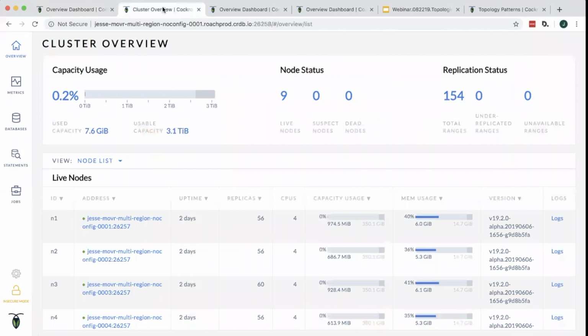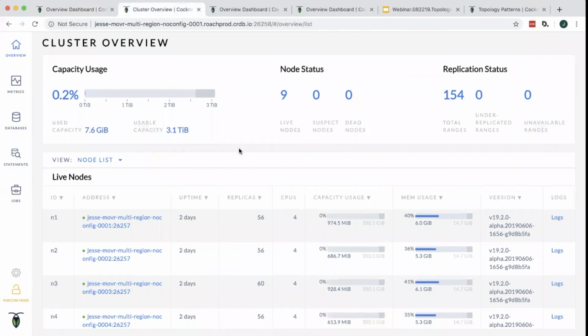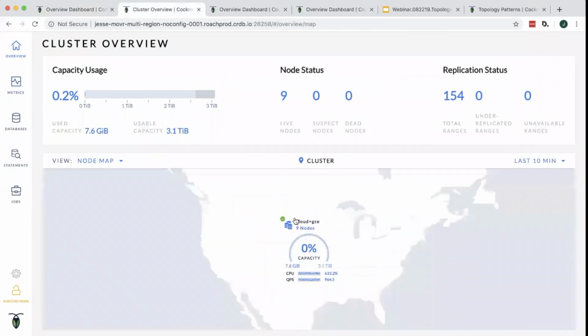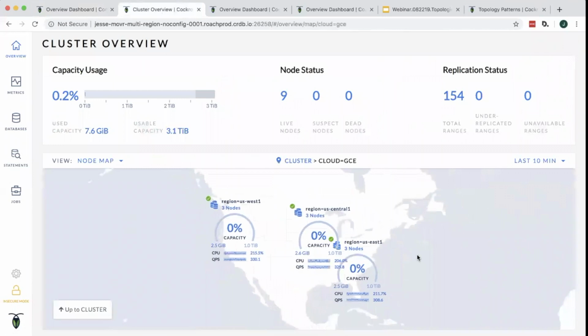So let's go with the story that Movr is doing really well, and it's expanding across the entire United States. So now we're in a cluster where there are 9 nodes. Let's look at the map again. And now we still have those 3 nodes in the US East region, but now we have 3 in US Central and 3 in US West.